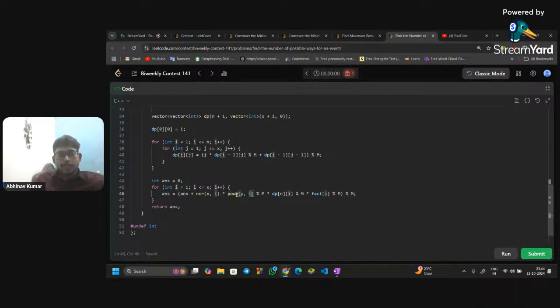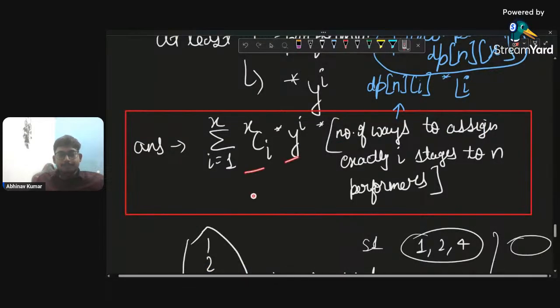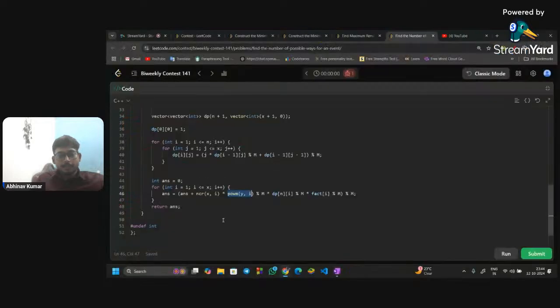If you directly use the inbuilt pow function, then y to the power i may exceed the long range, so you have to do the mod m computation step by step. So I have written my own powm function to do the mod m in every step. After that, this thing is dp[n][i] multiplied by factorial i. This factorial is pre-computed. After every product I'm doing a mod m to make sure it's not exceeding the long range, and a mod m finally also.